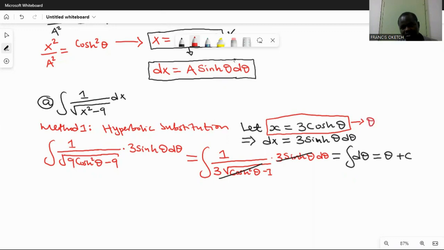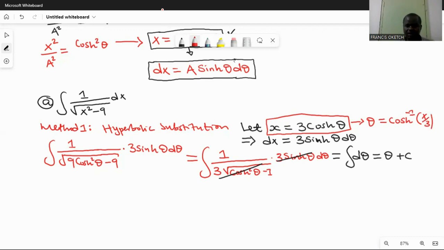From here, theta is equal to, of course, you take the inverse hyperbolic cosine after dividing by 3. So you write this as cosh inverse of x over 3. That's what we get as theta.